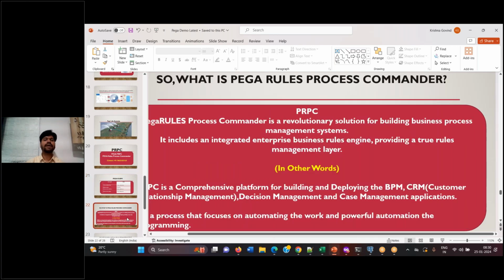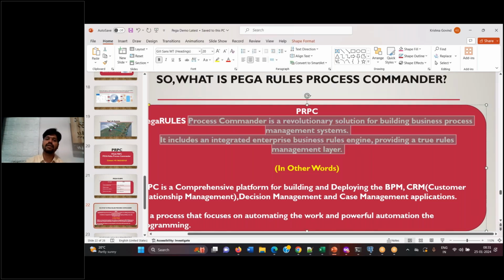So what is Pega Rules Process Commander? Why is it available? The PRPC tool has been developed using BPM, for the purpose of developing your applications and executing your business processing. Processing your business as well as development of applications will be done on a BPM suite.